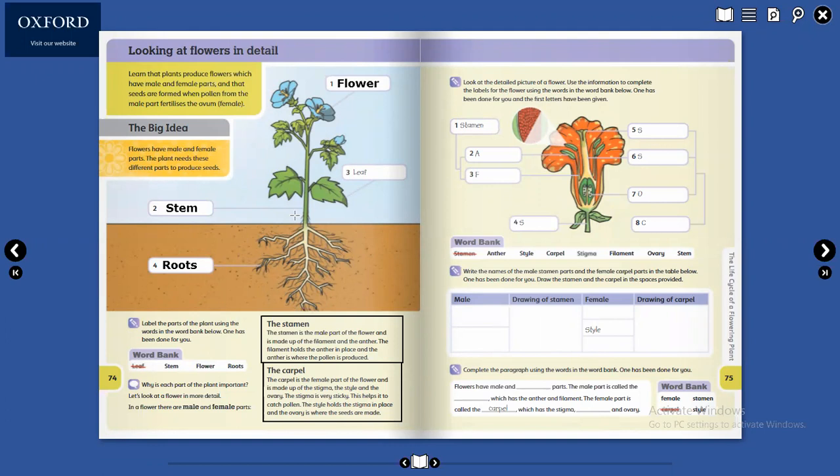This helps it to catch pollen. The style holds the stigma in place. The ovary is where the seeds are made. Very good. So here you can see in the ovary seeds are made.